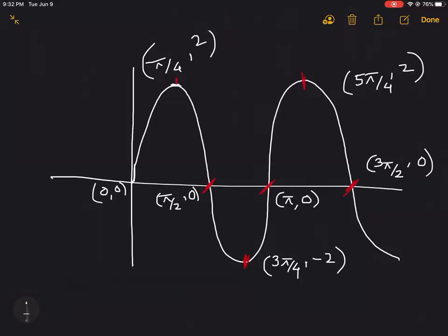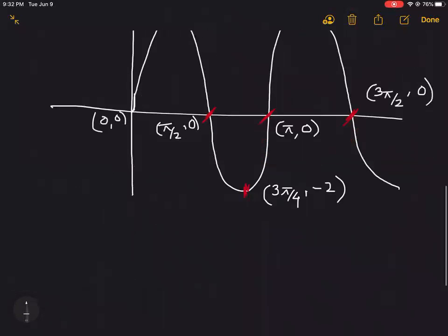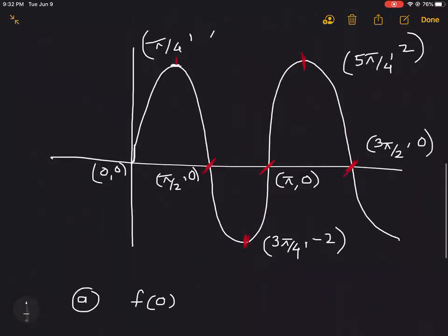Now from this, if I say, what are the values of the function, let's say this. What's the value of f of 0? That means, what's the value when x is 0? Can you see that?